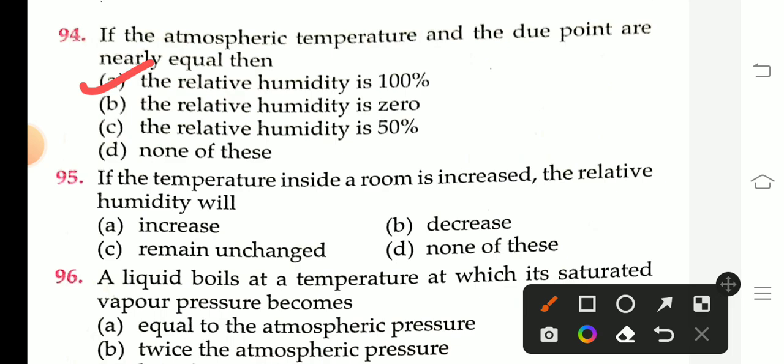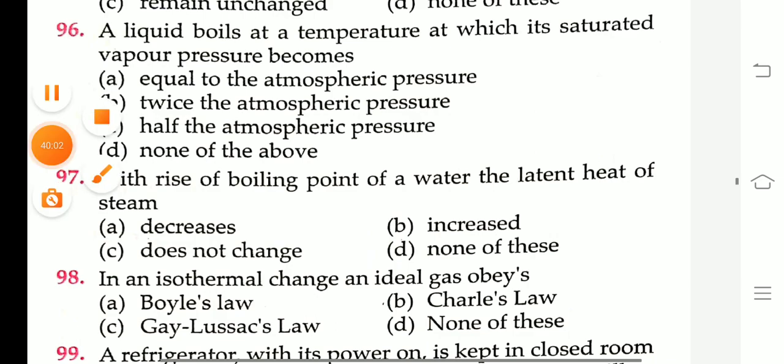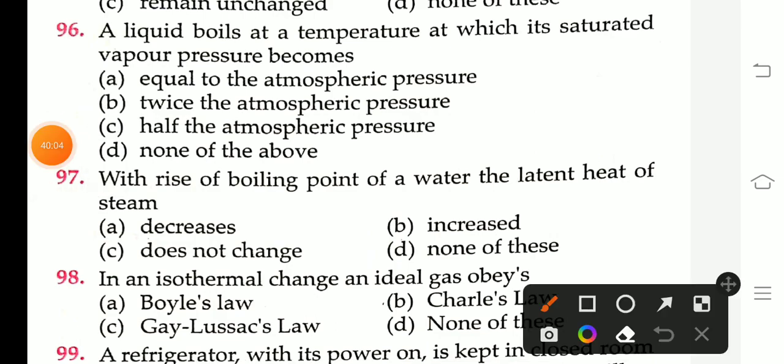Next, if the temperature inside a room is increased, the relative humidity will. Right answer will be option B. Decrease. Next, a liquid boils at a temperature at which its saturated vapor pressure becomes.